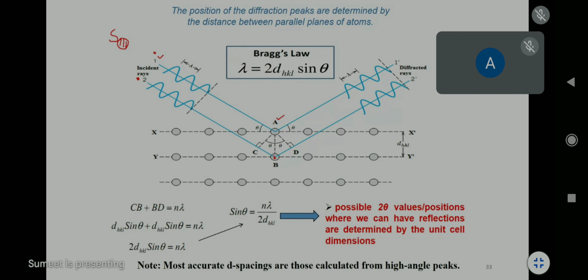As you can see, if they are in phase, there will be constructive interference, and you will have an increase in magnitude. If they are out of phase, you will have destructive interference, and you will have zero magnitude.